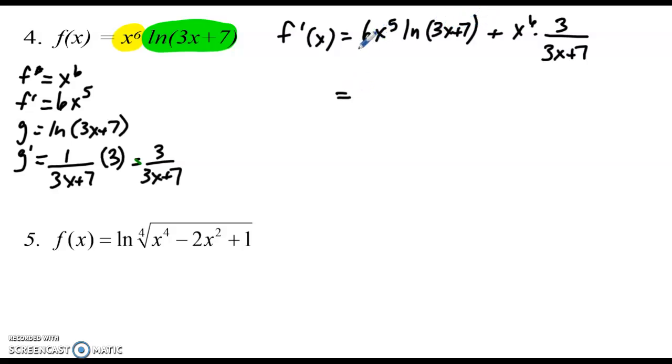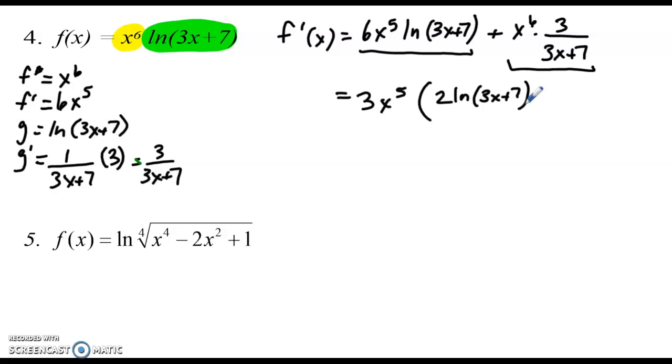So in this first term here and the second term, I can see that the numerators will have a common factor of 3 and 5x's. If I take that out, I will be left with a 2 natural log of 3x plus 7 added with a x over this denominator.